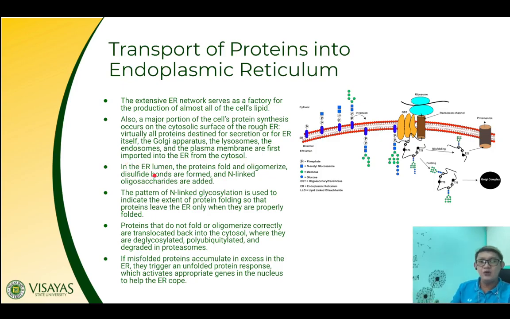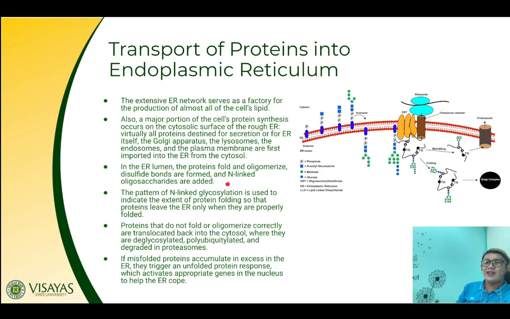But for now, what you need to remember is that once the proteins are transported to the ER lumen, that is where the modification of the product happens, and many things will happen inside the lumen.